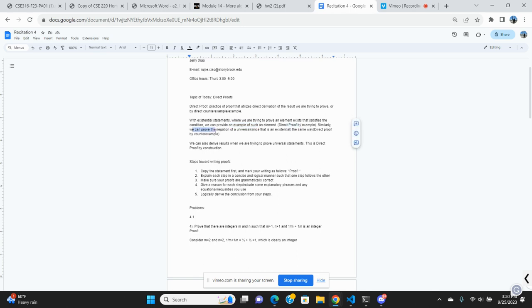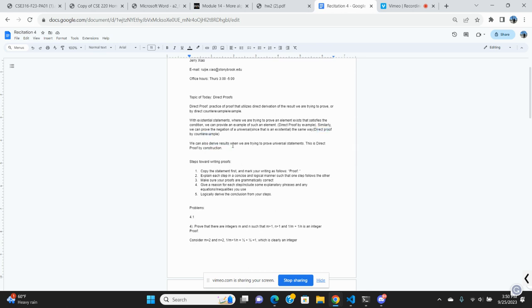Similarly, we can also prove a universal is false the same way, by proving the negation of a universal, which is an existential. This is direct proof by counterexample.